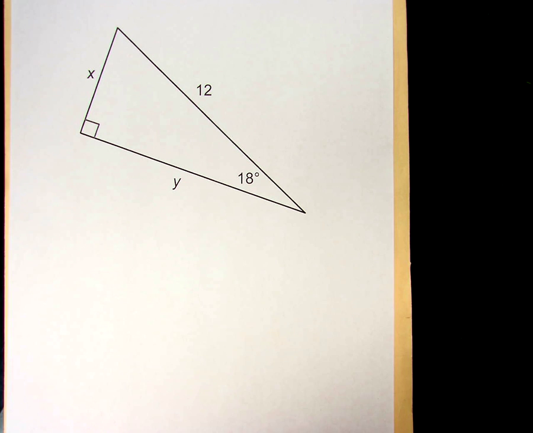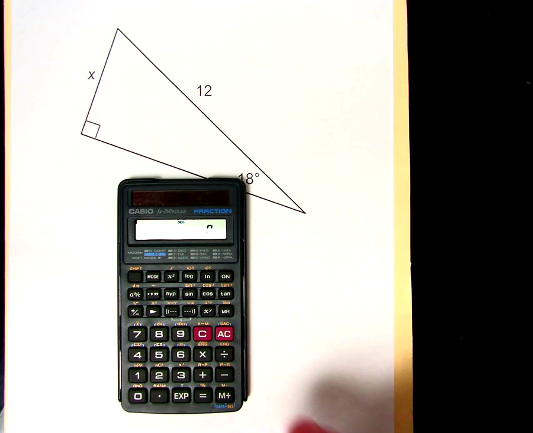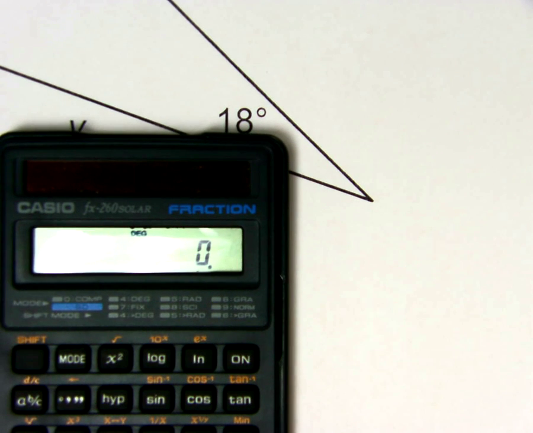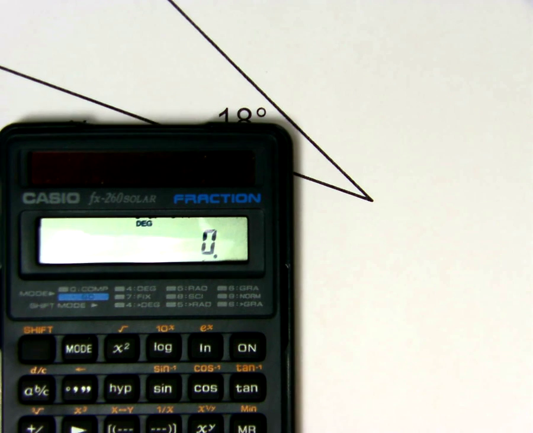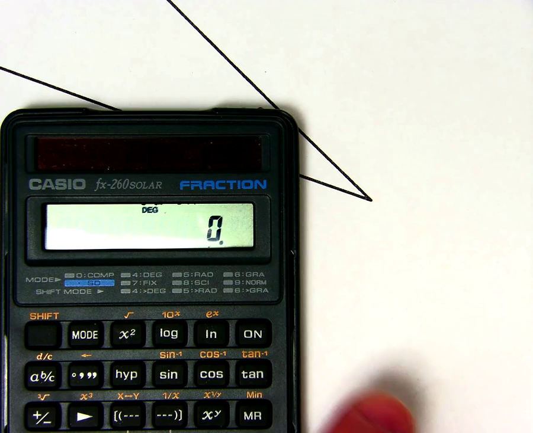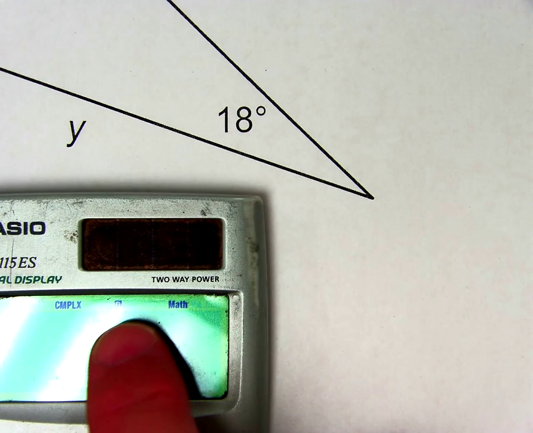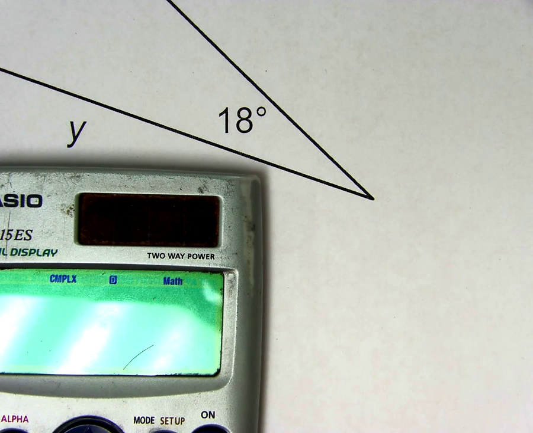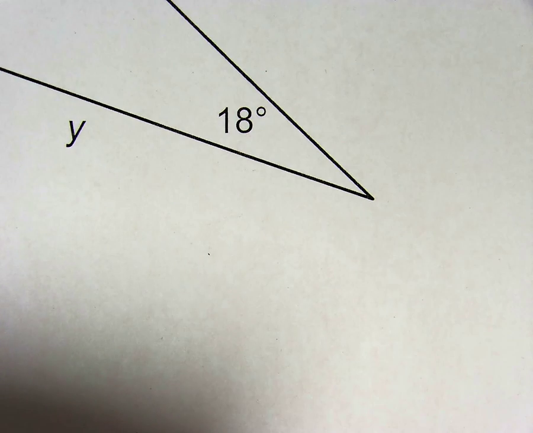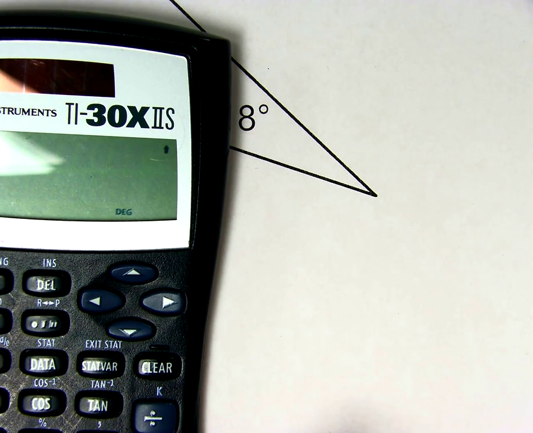In order for us to do this, on the screen, I'll try to zoom in on this, we need to be able to see either a DEG, which you do here, or on this calculator, see a D, on this calculator, DEG.